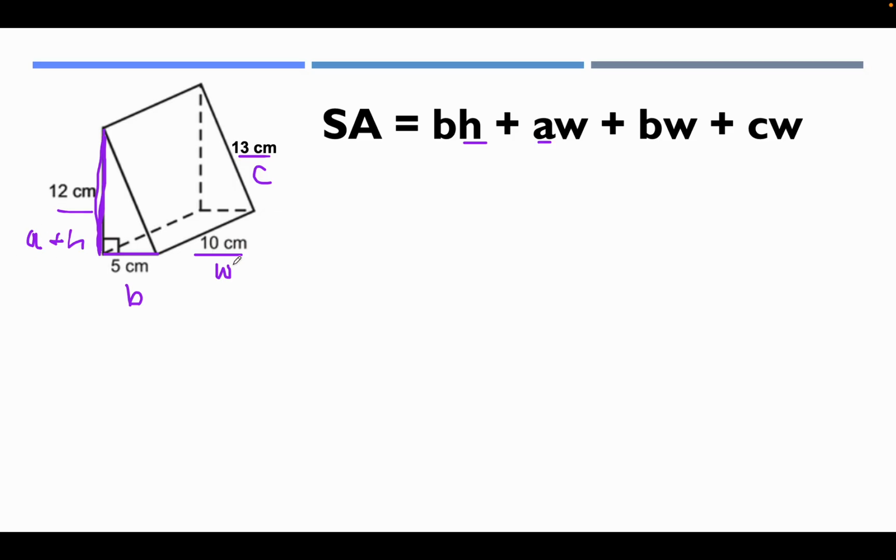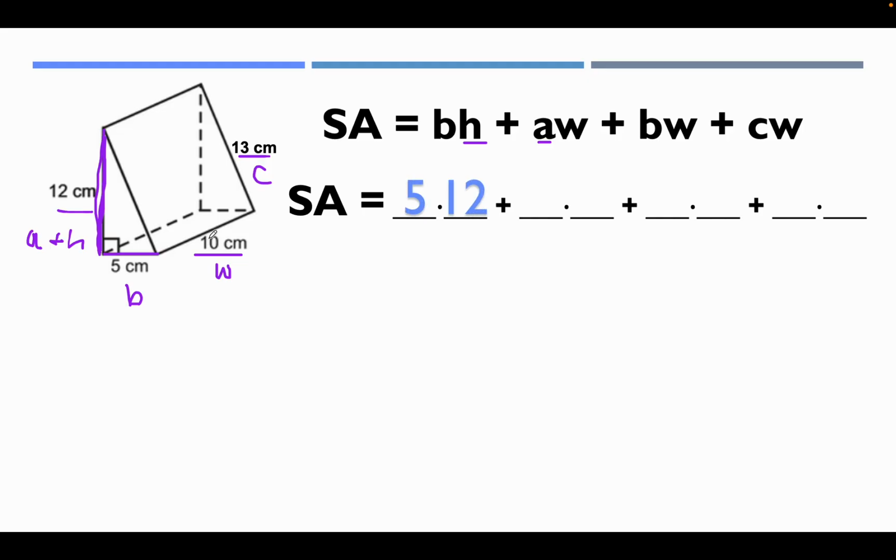So those are the same. So when we plug that in, we have B, which is 5, times H, which is 12, plus A, which is 12 times 10, that's W, plus BW, that's 5 times 10, and CW, which is 13 times 10.